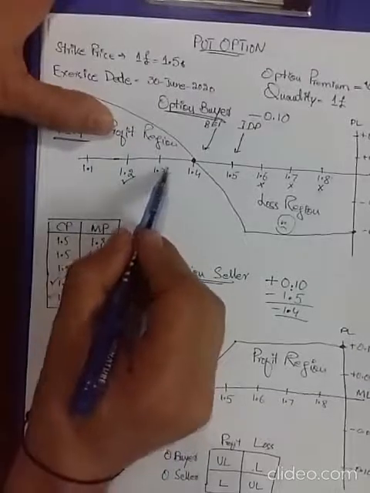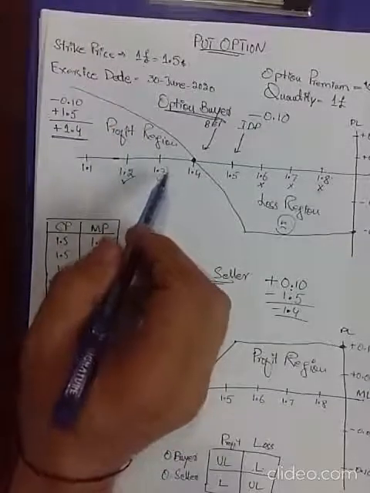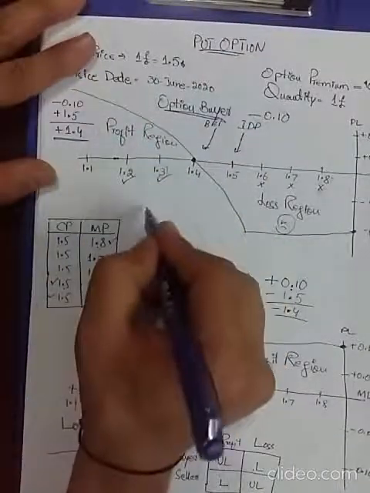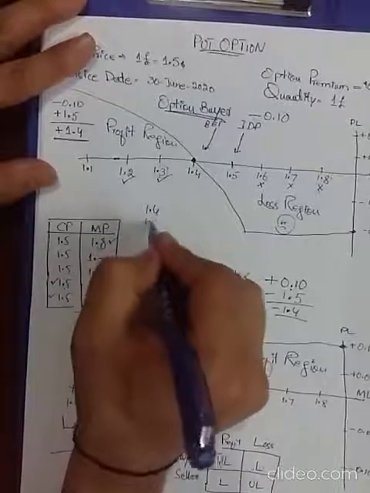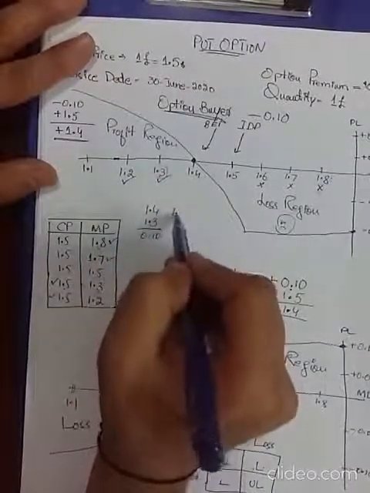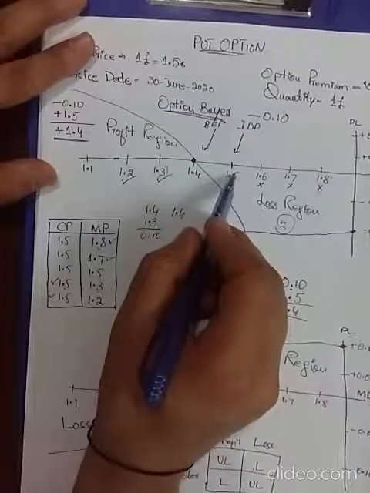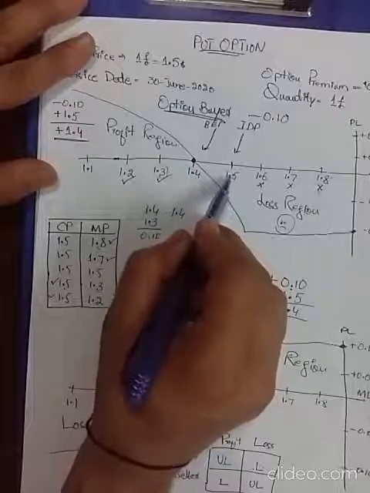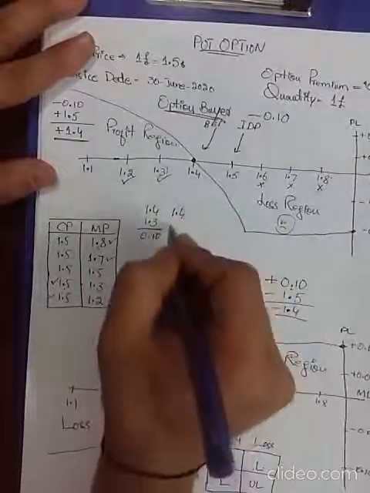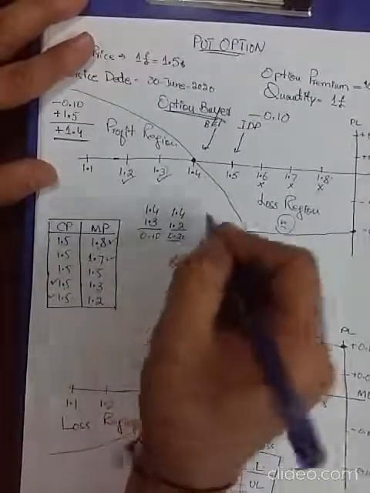So if this is my market price 1.3, and the break-even is 1.4, how much is the profit? The profit is 0.10. I'm discussing break-even, not the contract price or the indifference point, because I'm discussing profit and loss. If the market price is 1.2, then this difference will increase, my profit will increase.